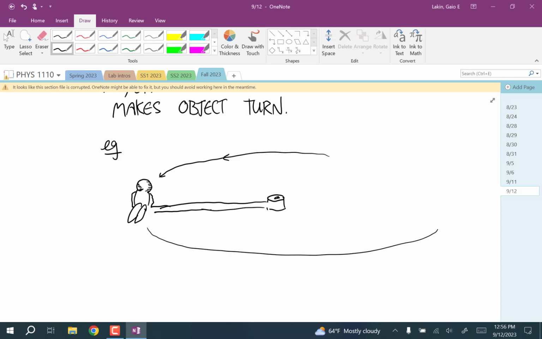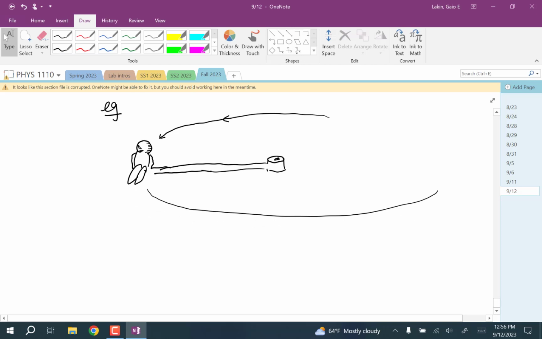So remember that in 2D, just because the speed is staying constant doesn't mean the thing has zero acceleration. In 1D, it would mean zero acceleration, but not 2D, okay? So this example shows constant speed, but there's acceleration because it's turning.